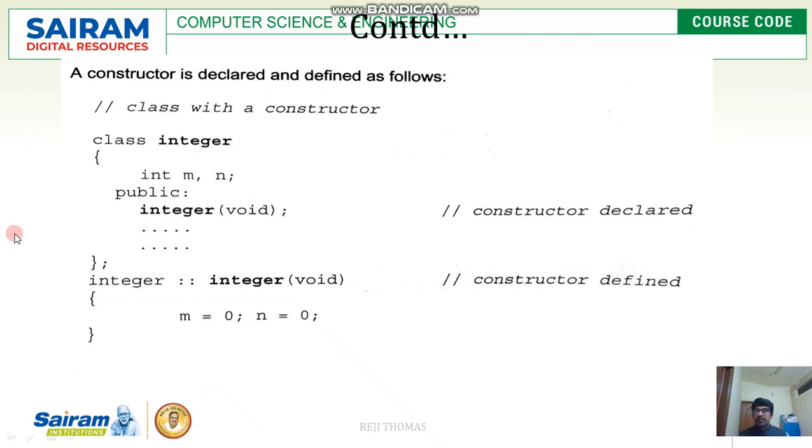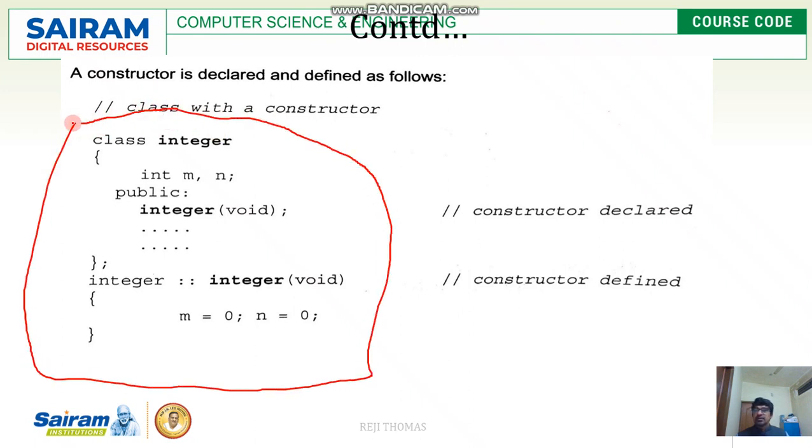So you can see a small example again with a constructor. We have a class with a constructor. We have taken the class name as integer, and two variables m and n. This is a method or function which has the same name as the class name, and it is defined outside the class.